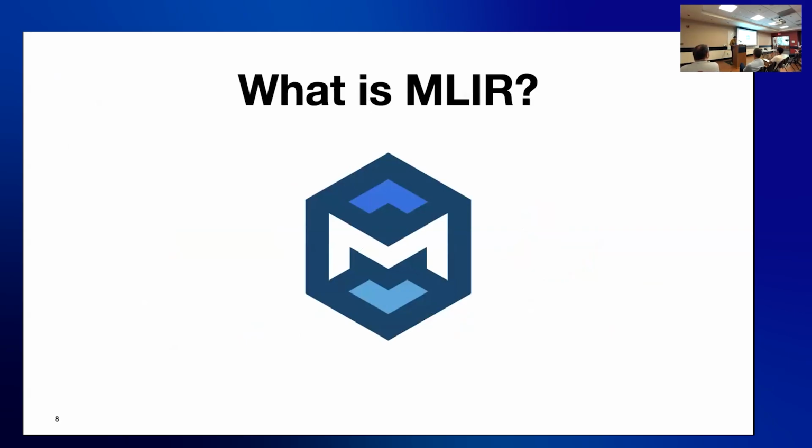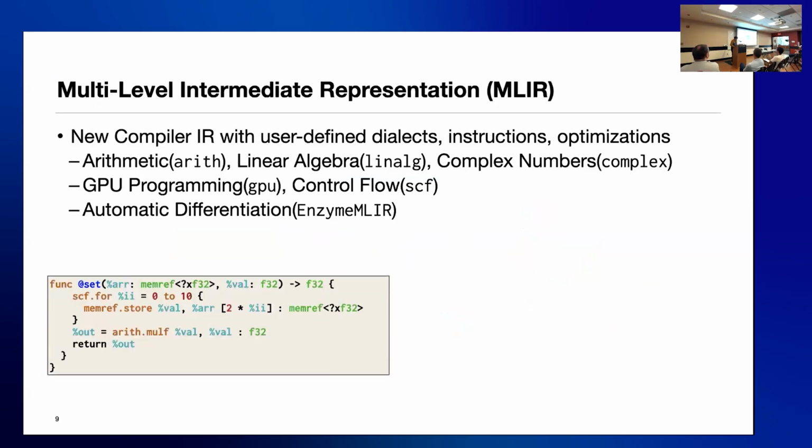We'll now talk about what MLIR itself is. You can think of MLIR as this new compiler IR where you as the user can define your own dialects or instructions, optimizations, or analysis. There are quite a few common MLIR dialects out there. For example, you have the arith dialect for arithmetic ops, or you have a linalg dialect for linear algebra operations.